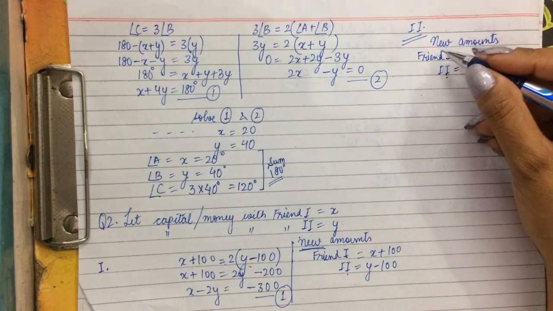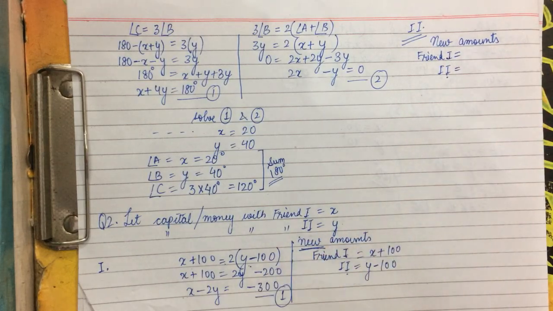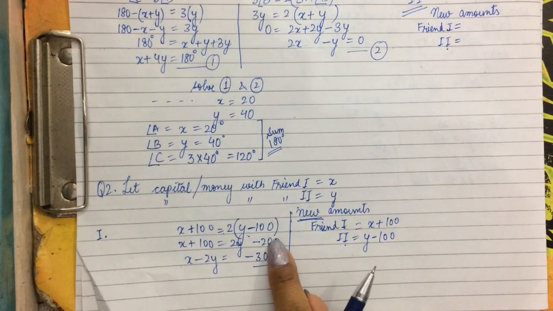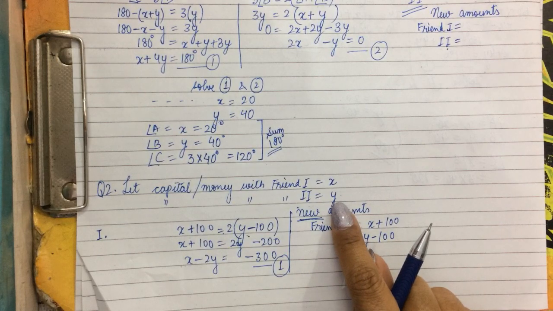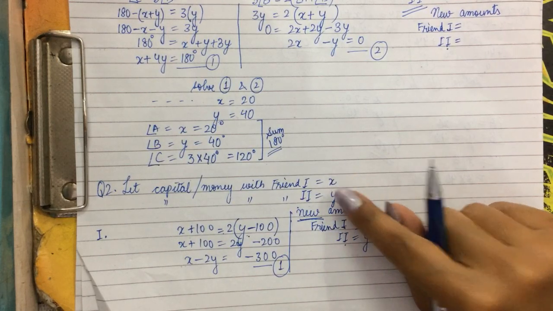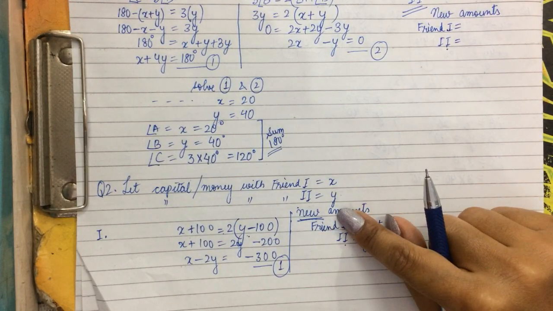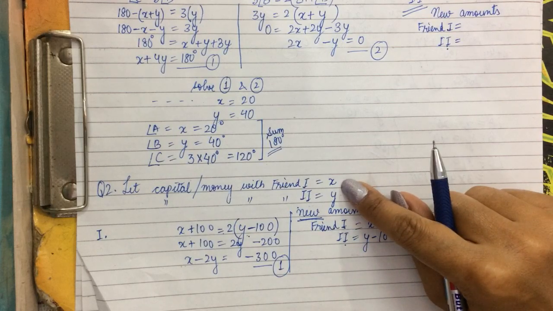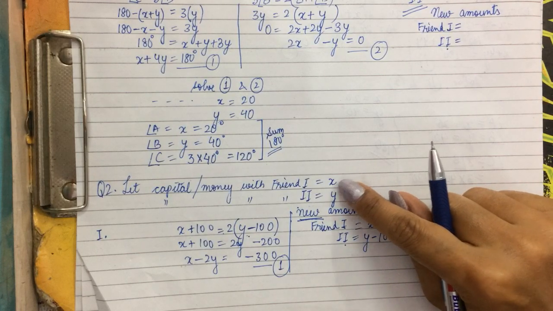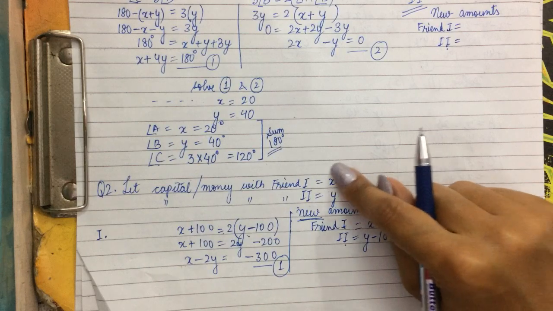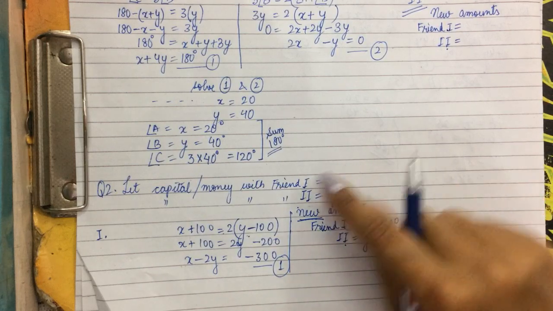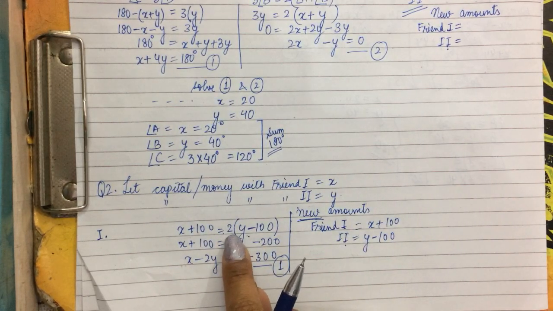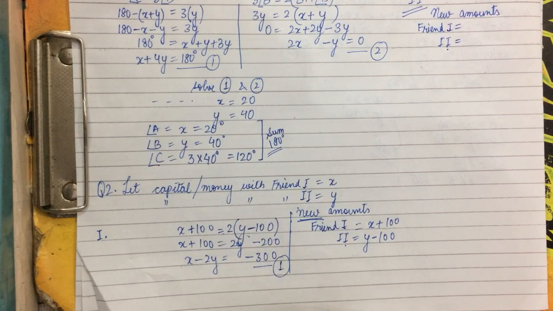So in the second case, compared to the first one, let's go back to the first case. In the first case, the money was taken from the second friend and given to the first one. 100 rupees were taken from Y, given to X. And what happened? This amount, the one which is increased, is equal to 2 times the amount which is reduced.